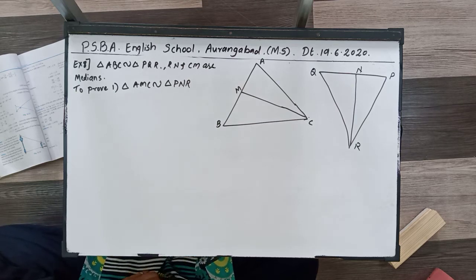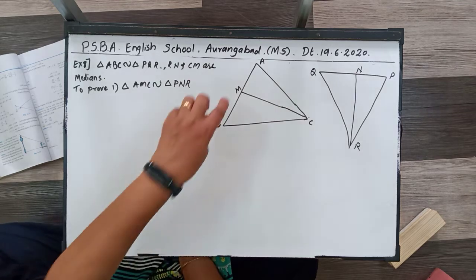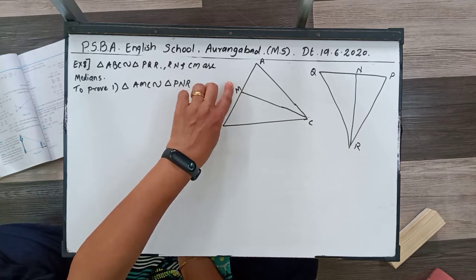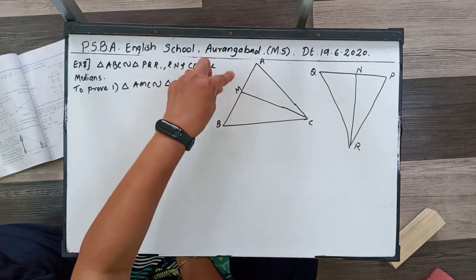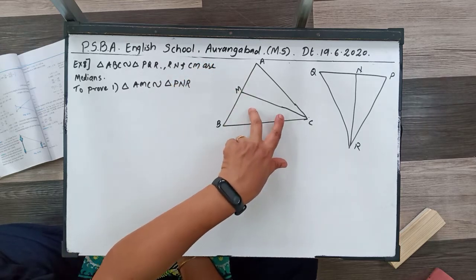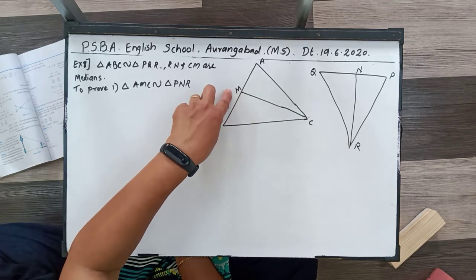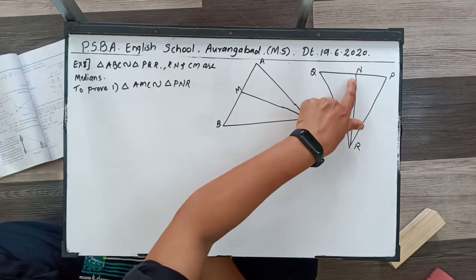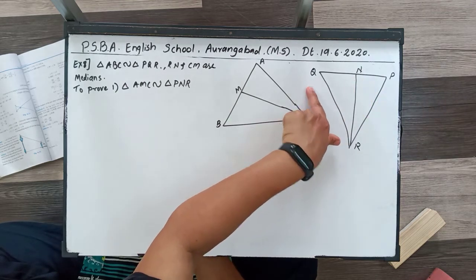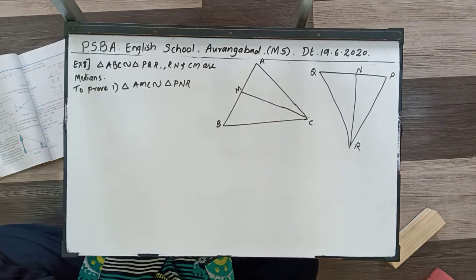Median is a line segment joining the midpoint of the side with the opposite vertex. Now if M is the midpoint, so M when joined with C, it will be the median. So when it is given to us that CM is median, it does mean that AM is equal to BM, or M is the midpoint of AB. Correct? So similarly, N is the midpoint of PQ, that means PN is equal to QN. We are going to take advantage of this.